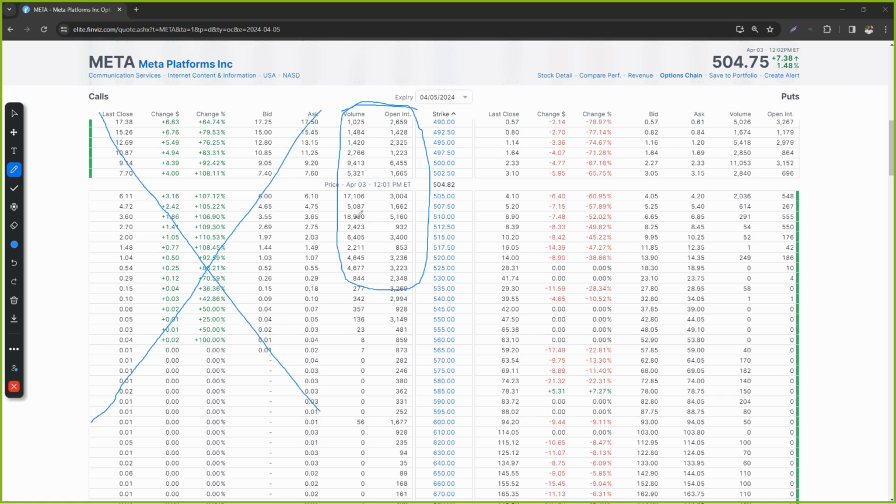The volume tells us how many contracts have actually been closed out, how many are still open, and at what price. I'm sorry, I know my backwards talking is confusing you.